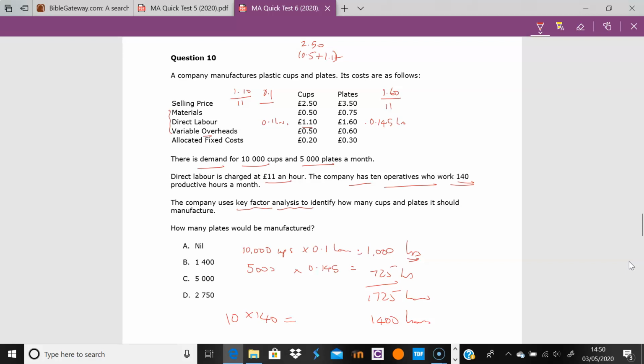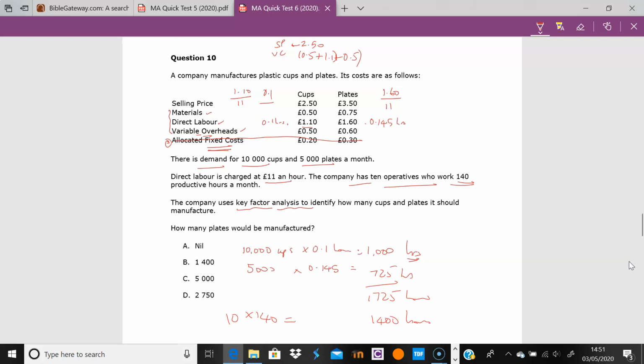This is my selling price, and these are all my variable costs: materials, direct labor, and variable overheads, not fixed costs. Allocated fixed costs are not divisible, and they don't tell us that anyway. So we don't include those. We're just in the short term, so we ignore this. Technically a sunk cost.